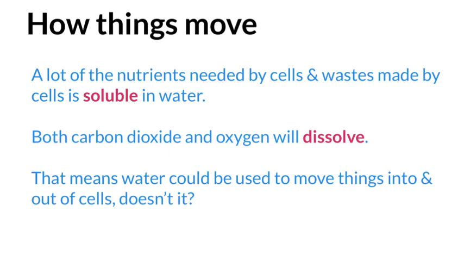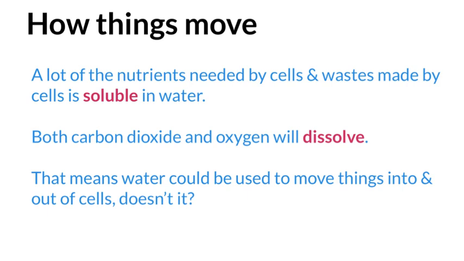Probably two of the most important things are these gases. One is called oxygen, and that is used by all living things to respire and give the living thing the energy it needs to do what it needs to do. Now, a lot of times when we're respiring, we make carbon dioxide, so it's a waste. So we need to excrete it. So that's a good thing that we can dissolve them in water.